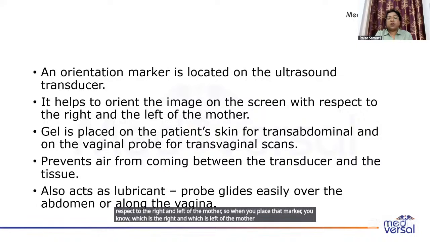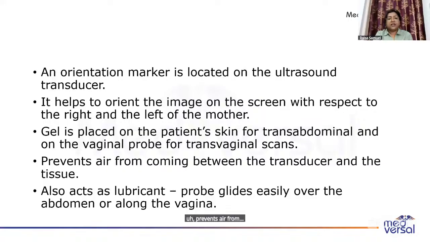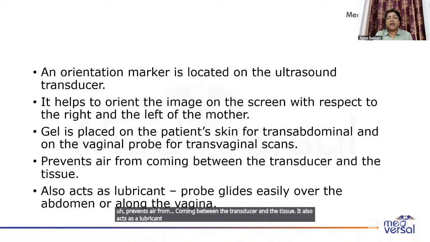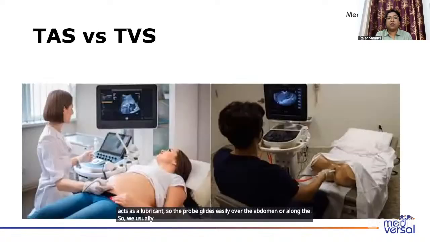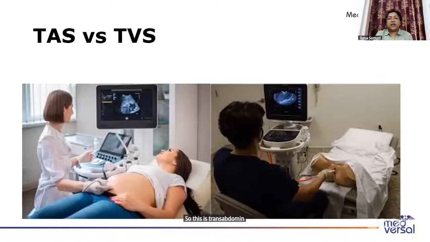Gel is placed on the patient's skin for transabdominal, and on the vaginal probe for transvaginal scans. It prevents air from coming between the transducer and the tissue. It also acts as a lubricant, so the probe glides easily over the abdomen or along the vagina. So we usually put a gel over it. So this is how a transabdominal scan is done, and that is how the transvaginal scan is done.